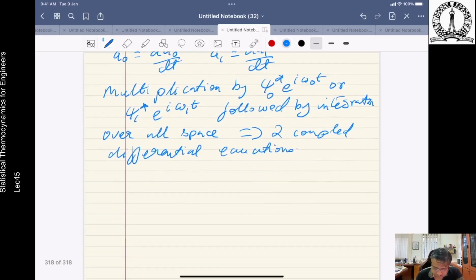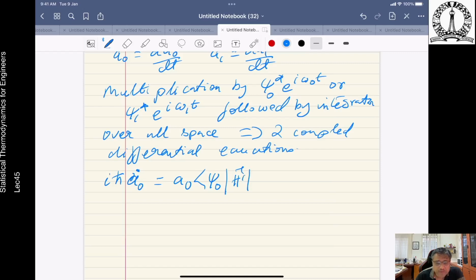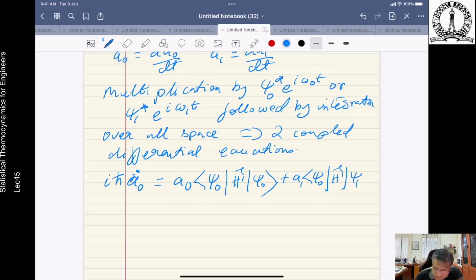Okay, so what are those differential equations? iħ ȧ0 is equal to a0 ⟨ψ0|H'|ψ0⟩ plus a1 ⟨ψ0|H'|ψ1⟩ e^(iω10 t).